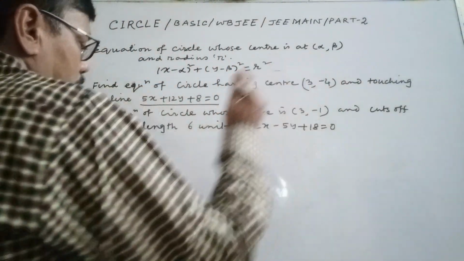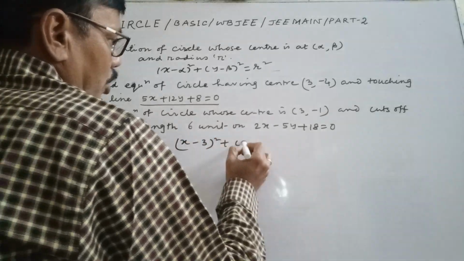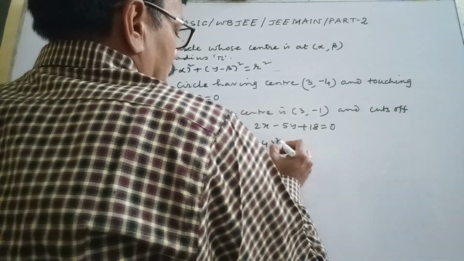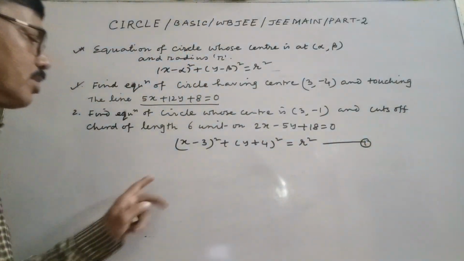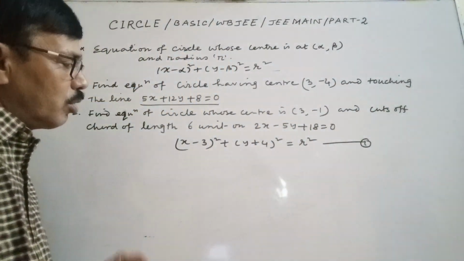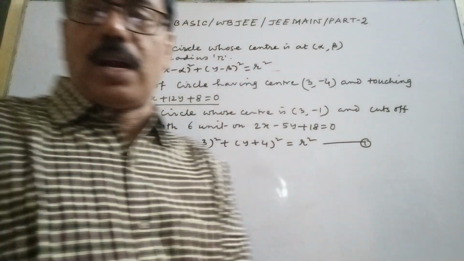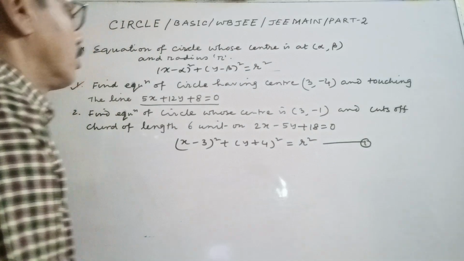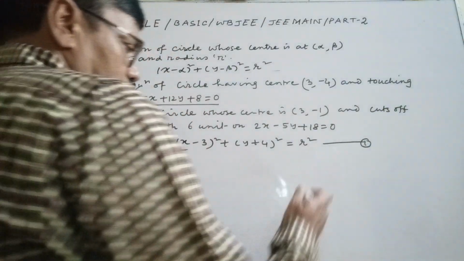So what is the equation of circle? (x minus 3) whole square plus (y plus 4) whole square equals to r square, because center is (3, minus 4). Now only one unknown, that is r. Now to find r, one condition is given. So what is another condition? It touches the line 5x plus 12y plus 8 equals to 0.